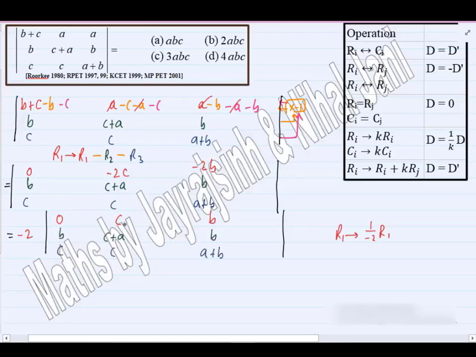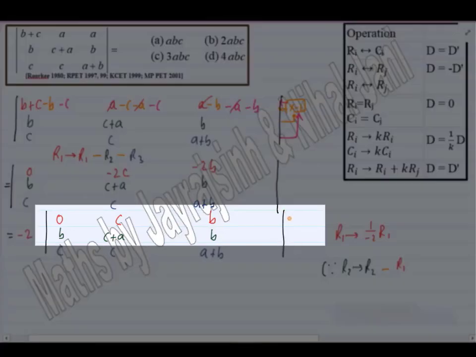For further simplification, we have to subtract the first row from the second and third rows. So our operation will be R2 gives R2 minus R1. So let's do this process. We have to multiply minus 1 with the first row and add it into the second row.